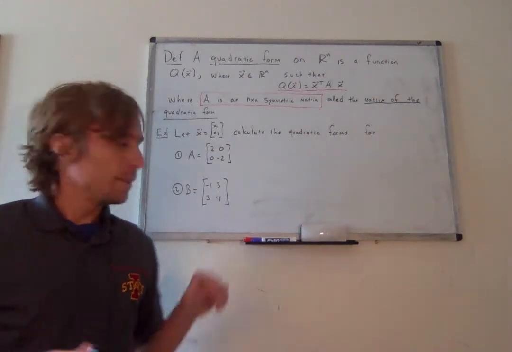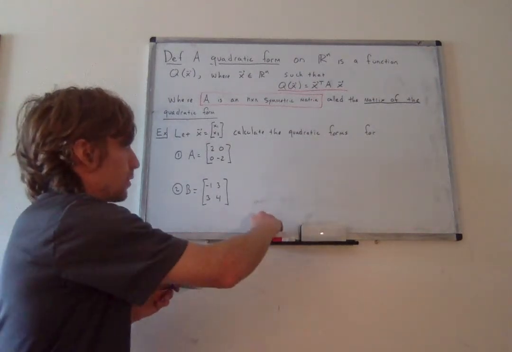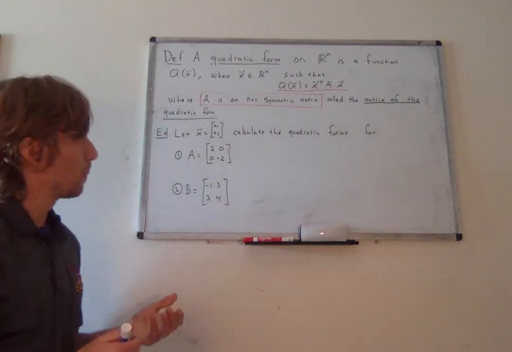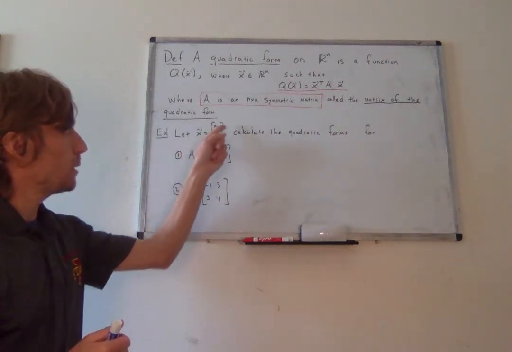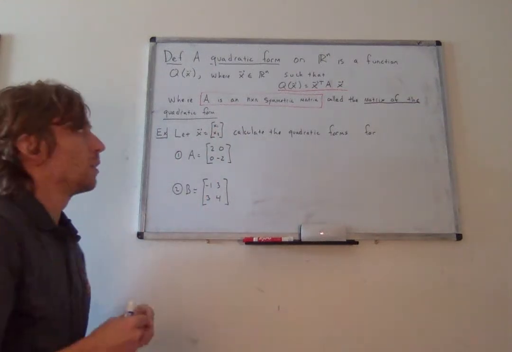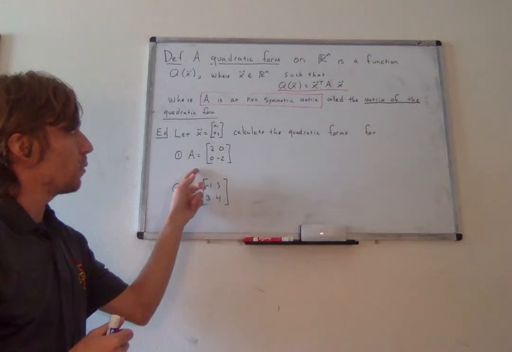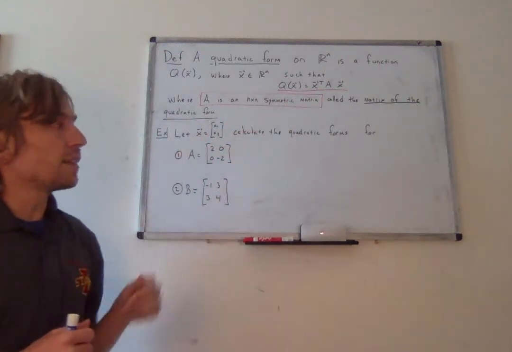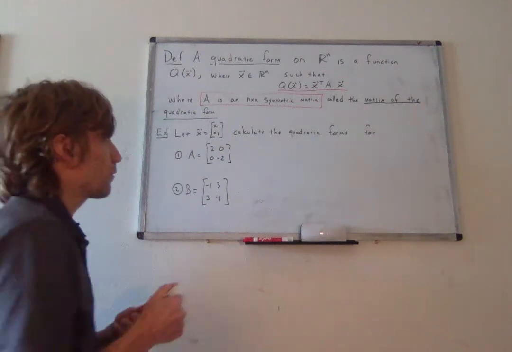So what do these look like? First I just want to look at a couple of quadratic forms defined by 2x2 matrices. So we're going to let x be this vector x1, x2, where here x1 and x2 are variables. And we're going to see, when we expand this expression in terms of A and this vector x, what does this quadratic form look like?